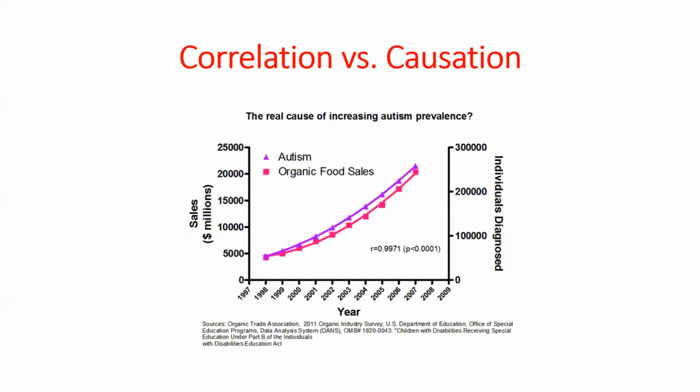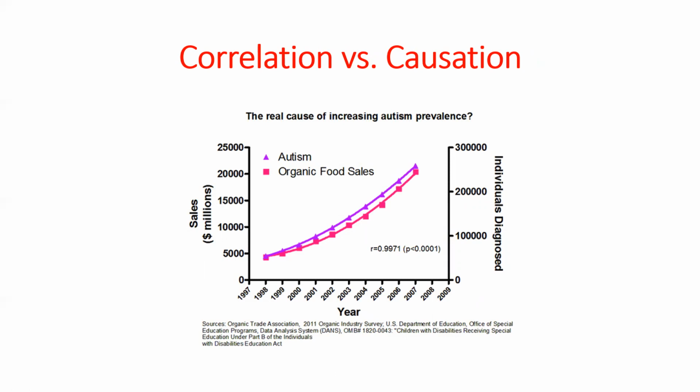It's terrible. So the other one that's really good, that shows what happens if you're missing this outside factor Z that's causing both of them. Here's a plot of autism rates and organic food sales. If I run a regression on monthly or annual data, it will look like these are highly positively correlated. I don't think anyone is suggesting organic food sales are causing autism rates to go up, right?